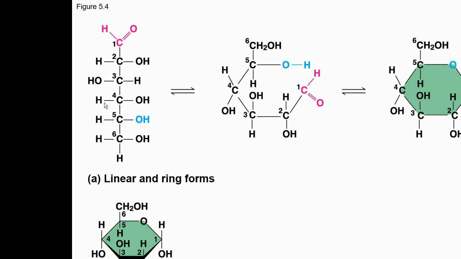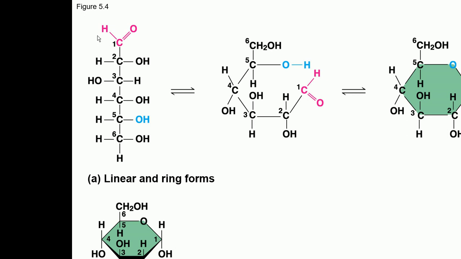This is the linear form and this is the ring form. So how is the ring form formed? Because this is the linear form of glucose. There are 6 carbons, and basically the carbon number 1, which is this carbon, forms a bond with the oxygen which is linked to carbon number 5.